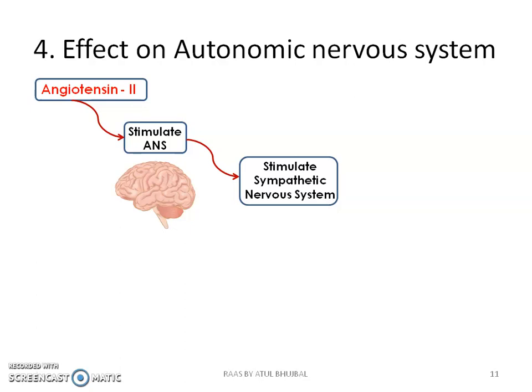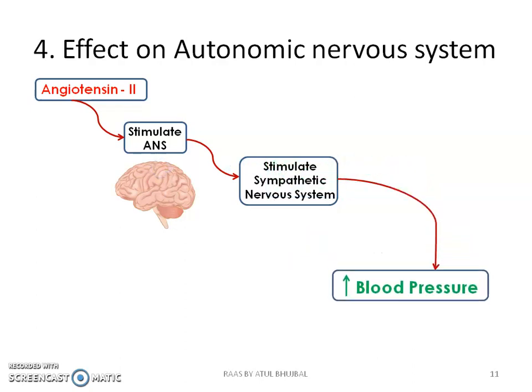Whenever the ANS is stimulated by angiotensin 2, it always stimulates the sympathetic nervous system, that is the fight and flight mechanism. Due to this sympathetic nervous system stimulation, it increases the blood pressure with the help of different neurotransmitters like noradrenaline and adrenaline. So in this way, the renin-angiotensin system increases the blood pressure and brings it towards normal.